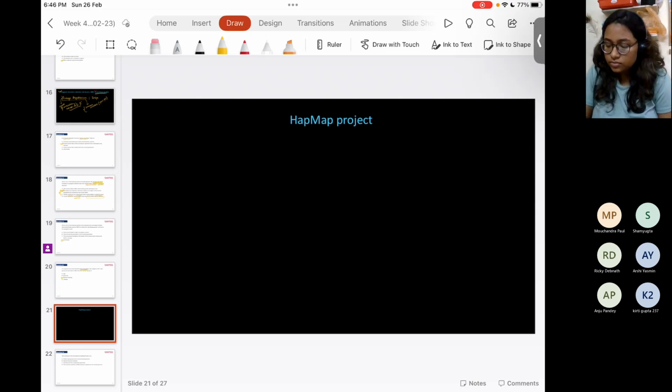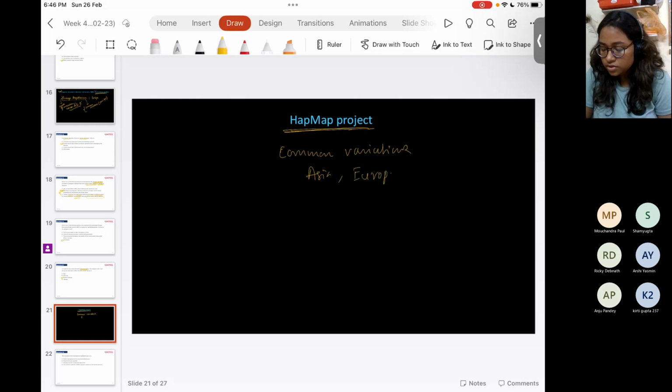So as I told, there was an international HapMap project which was started right after people had sequenced the whole human genome. In this project, people tried to identify the common variations which are found in the populations. So they chose populations from three regions: Asia, Europe, and Africa.